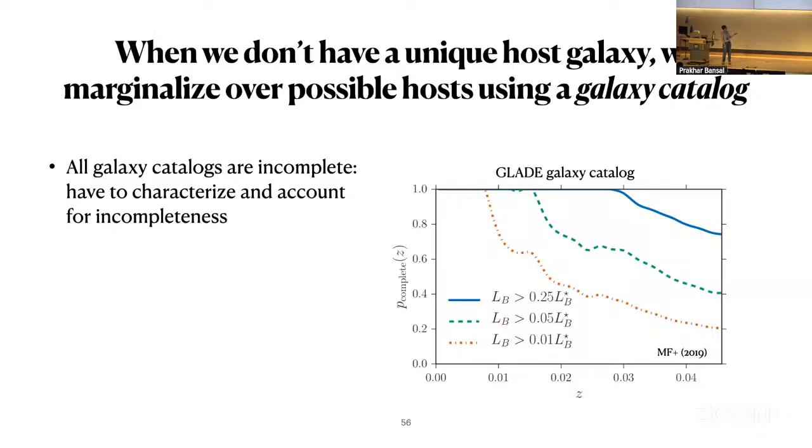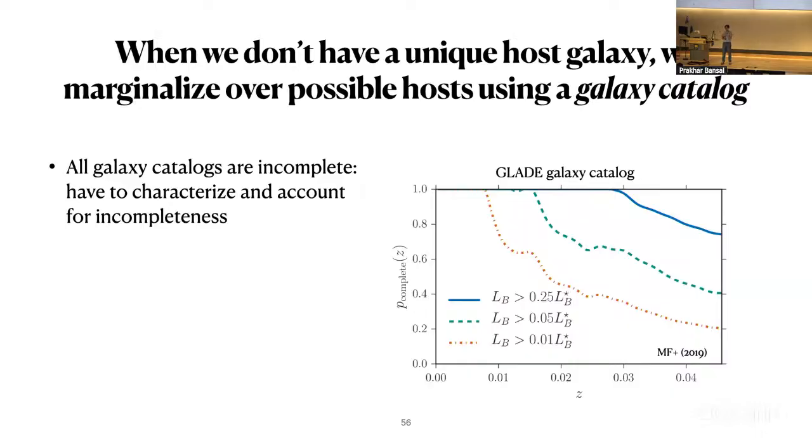But at higher redshifts, we're usually more incomplete because catalogs tend to be magnitude limited. If you go down to a lower threshold, you start to miss more galaxies. Even at redshift 0.01, which is where we think this event was, you only have about 50% of the galaxies that you think should be in the universe.